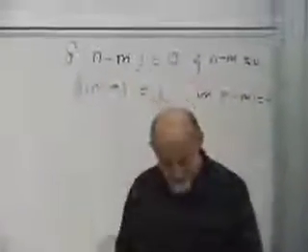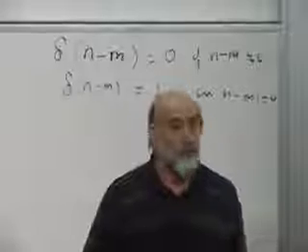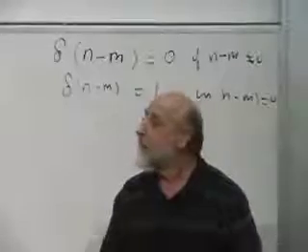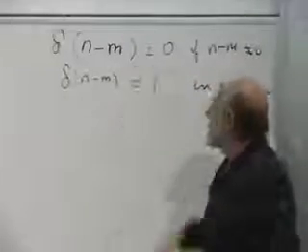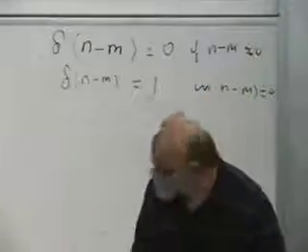So delta of n minus m is a function of two variables, but it has a particular form, and it's really only a function of the difference between them. It is 0 if there's a difference, non-zero if there's not a difference. I just point that out as something to keep in mind.